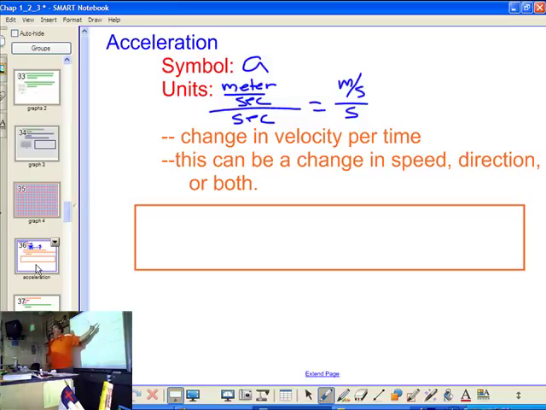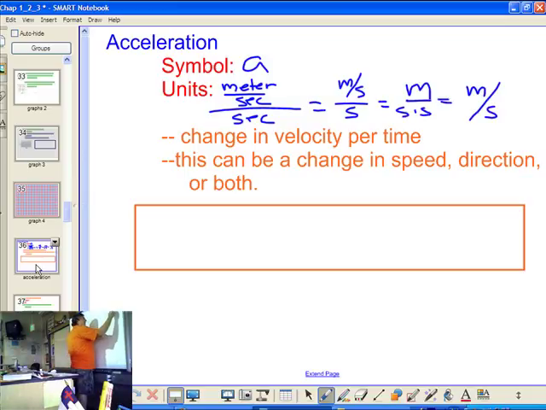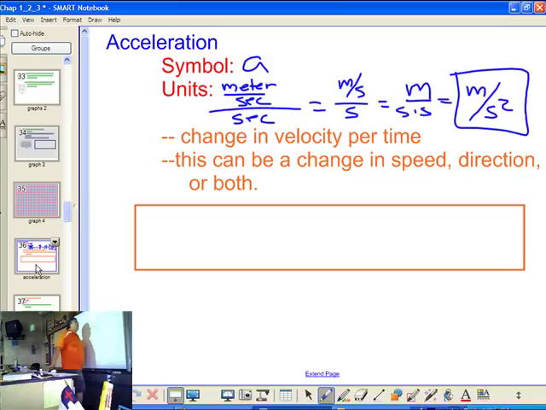But if I have a fraction over a denominator, what happens to the denominator of the top fraction? No, that would be if it was on the top. It goes to the bottom. So this becomes meters per second times second, or meters per second squared. This is why the unit is meters per second squared, because it's really meters per second per second.